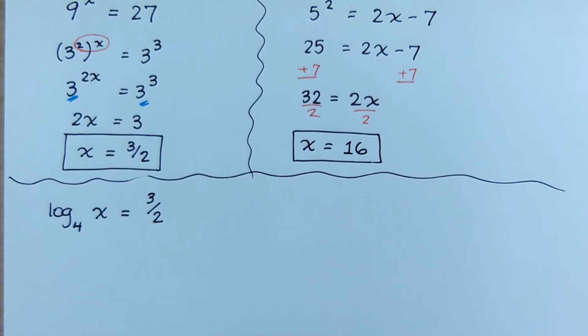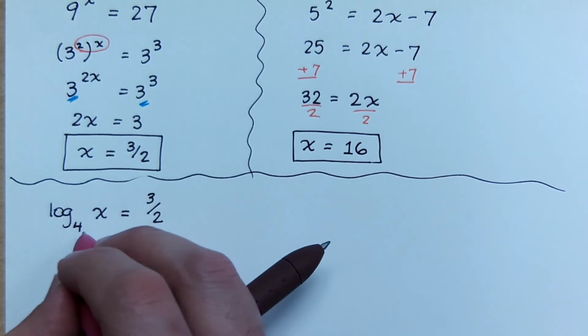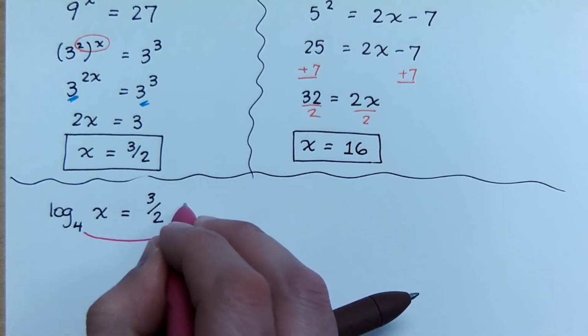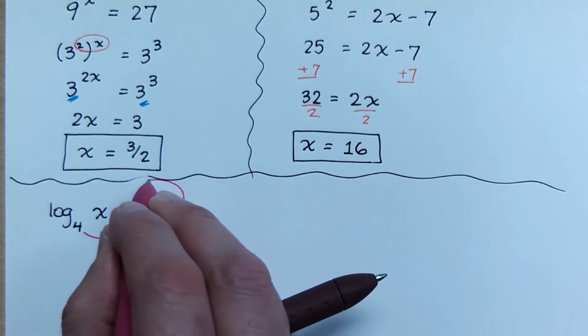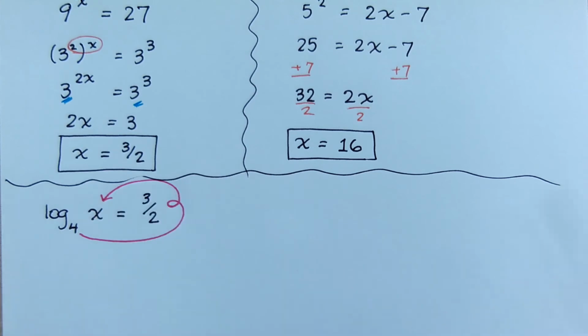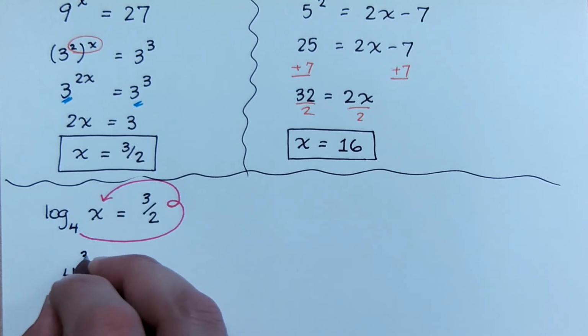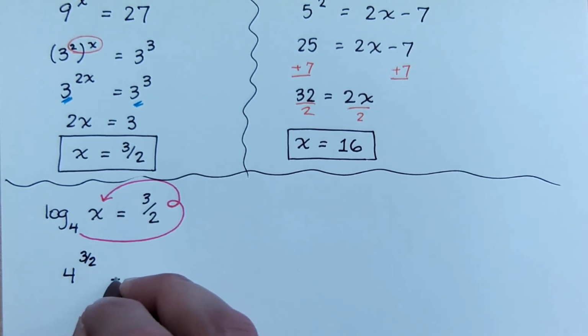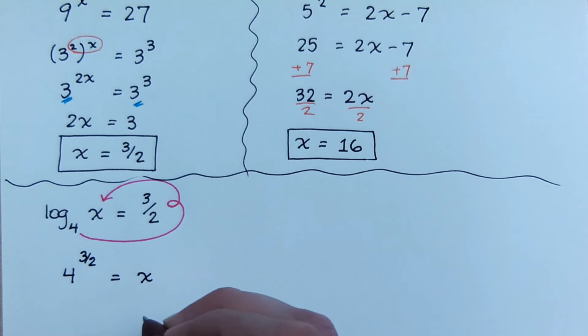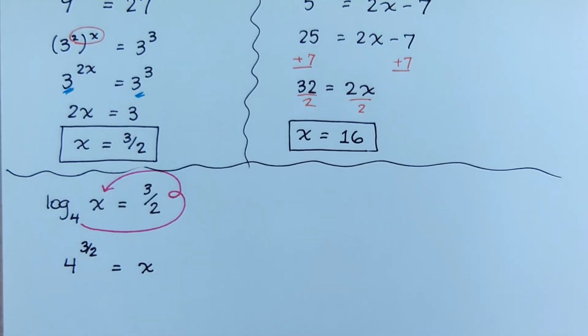So how do you think I can break this guy out or rewrite this in a way that's more useful? 4 to the 3/2, so that's your power, equals what's on the inside. So on your test, I'm looking to see if you can make that correct transition from the logarithmic form into an exponential form. So 4 to the 3/2 equals x. Look at that. You already have x by itself.